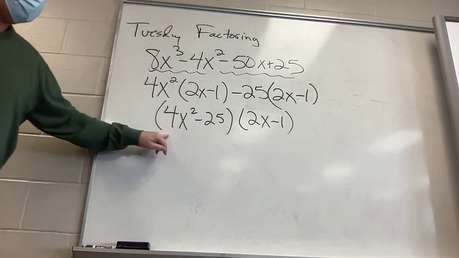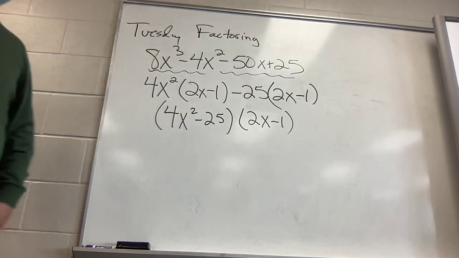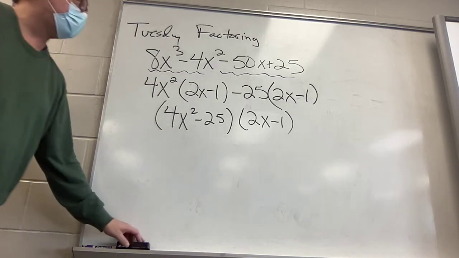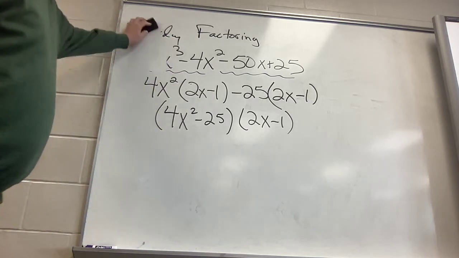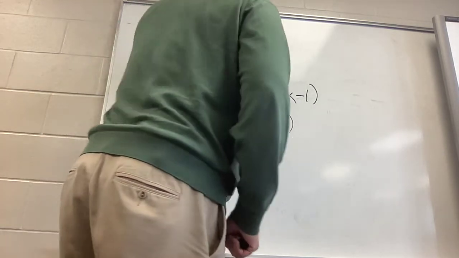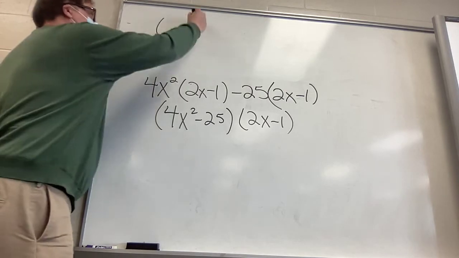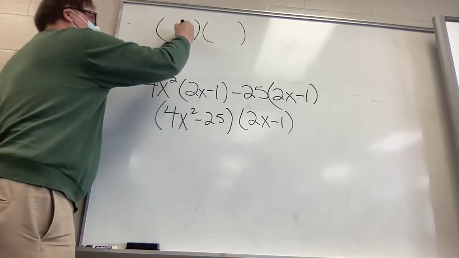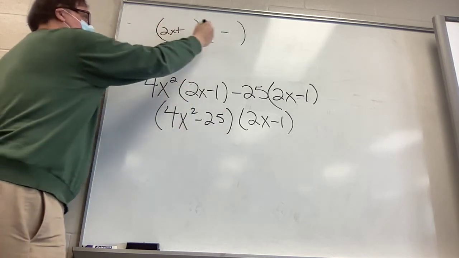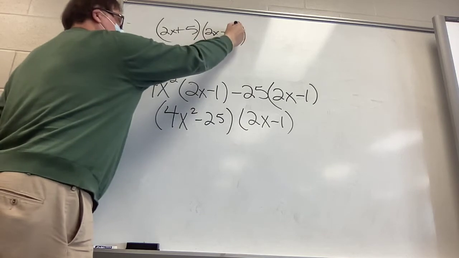Because this is a square minus a square, which is a special kind of factoring. I'm going to write this up higher so everyone back can see. What is the square minus a square? One's a plus, one's a minus. You just look and you go 2x, and 25 is 5 and 5.